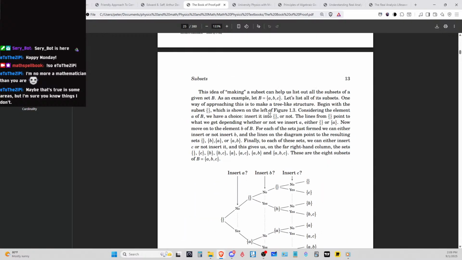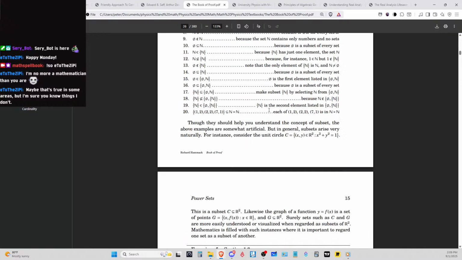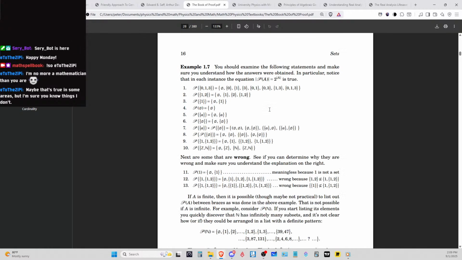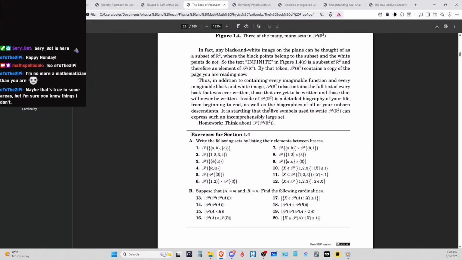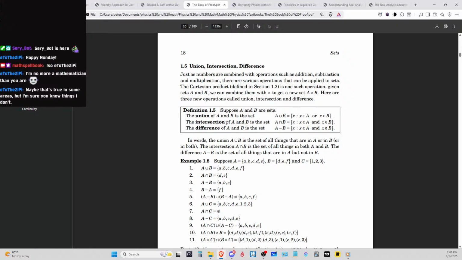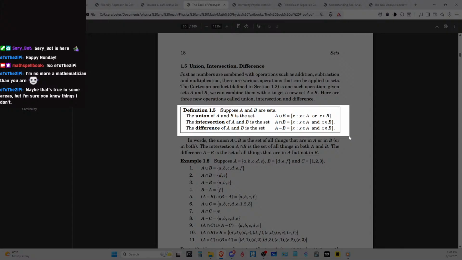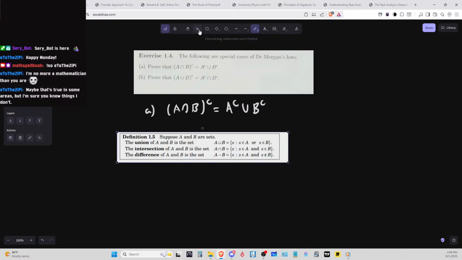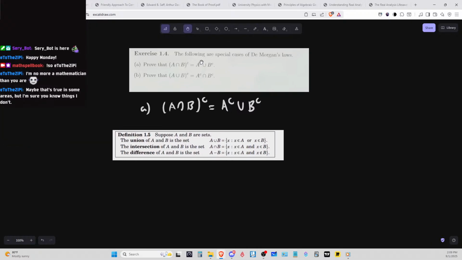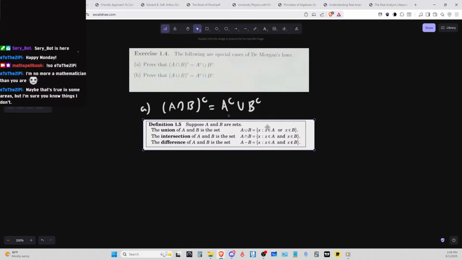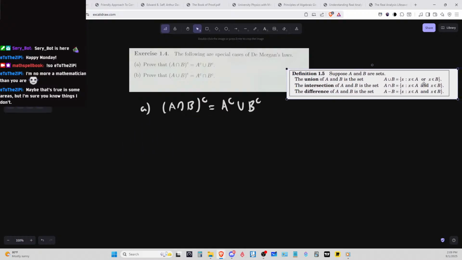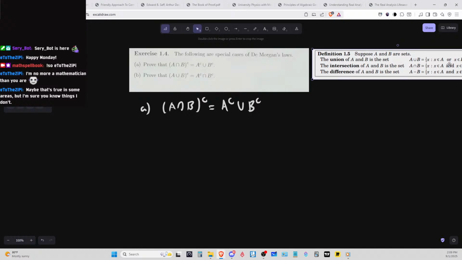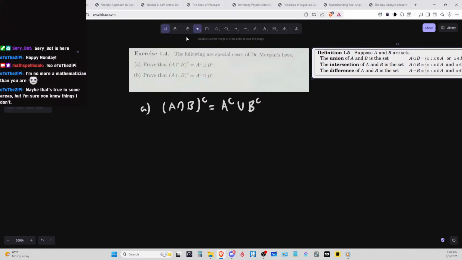Complement, subsets. Well, we'll take the definition of union and differences, because I think that would be necessary for this. Usually when I do proof-based questions, I don't utilize the definition very well.